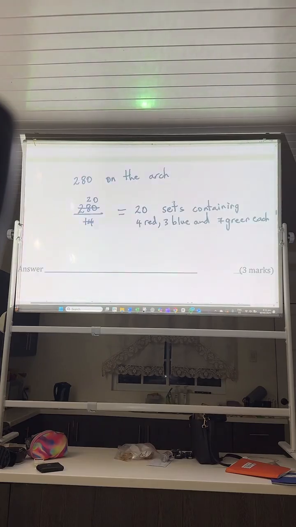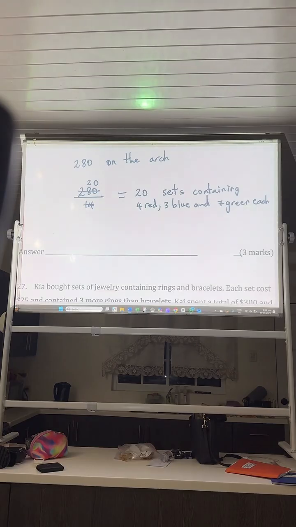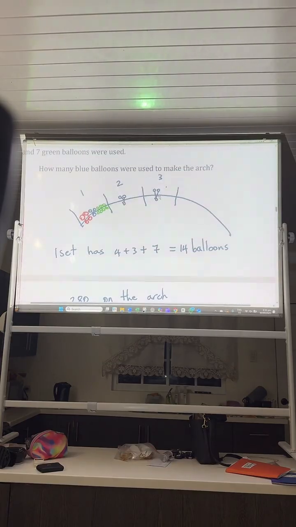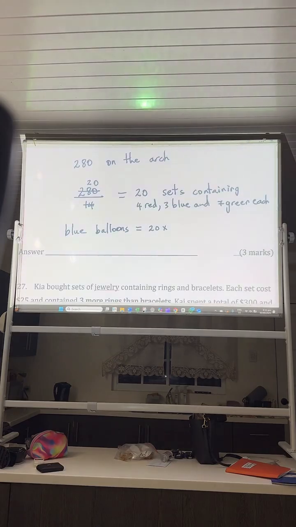So the number of blue balloons would be equal to 20 multiplied by how much? 3 in each set, which is 20 multiplied by 3.